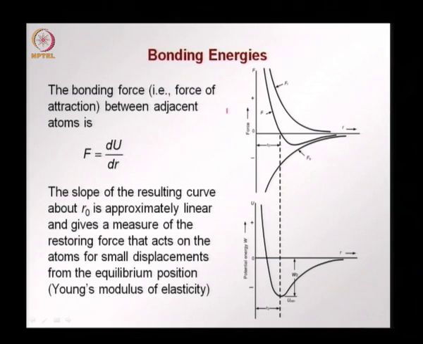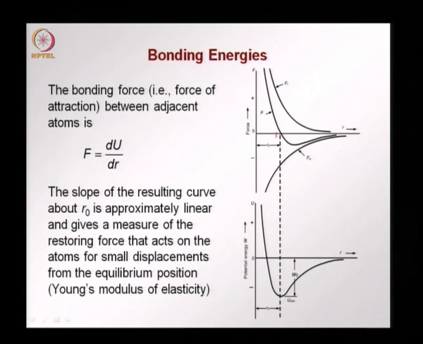So, to summarize this diagram, the bonding force can be given by the derivative of the energy by the distance, or the separation between the atoms. The resulting curve about r 0, we found that it is linear.